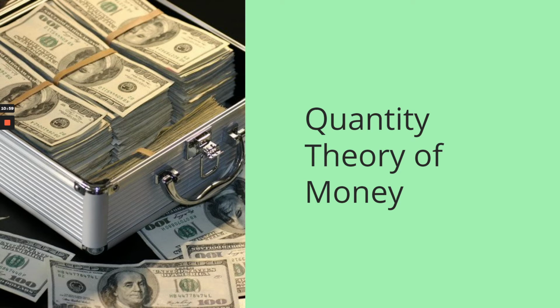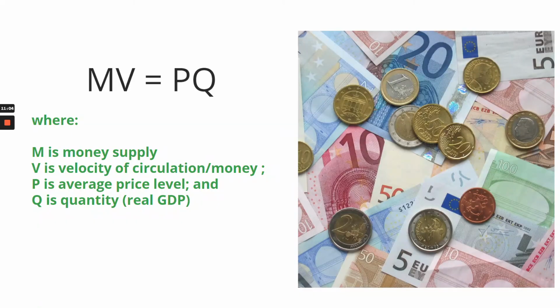Okay, so there is a mathematical representation of this. That will be MV = PQ, where M is the money supply, V is the velocity of circulation of money, P is the average price level, and Q is quantity or real GDP.